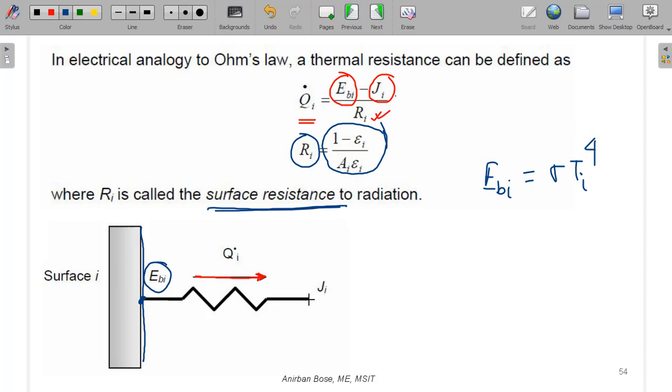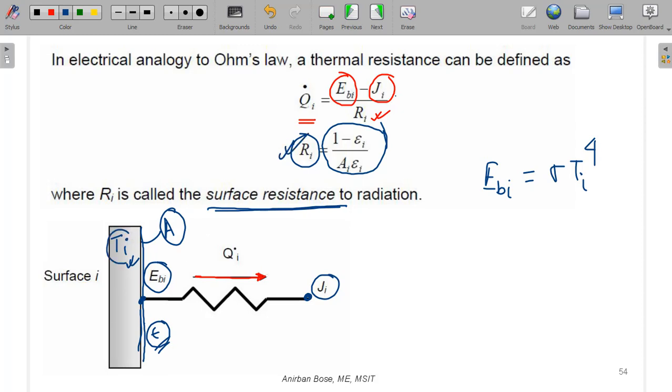and if you can do that, you can find out the value of J_i. Because if you know the surface properties, then it will be possible to find out J_i if you know the temperature. Suppose you know the temperature is T_i, and you know the emissivity and the area. That means you know the geometry and the surface property emissivity, and then you can find out the resistance.